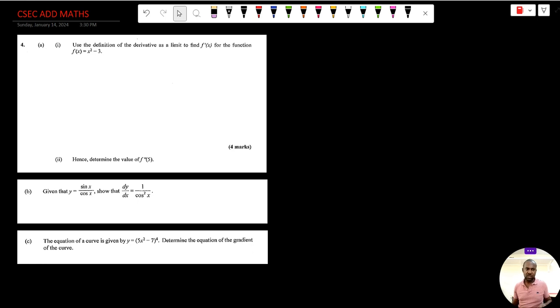Now, how do we use the definition of the derivative as a limit to find f prime of x? This is how the derivative is defined.